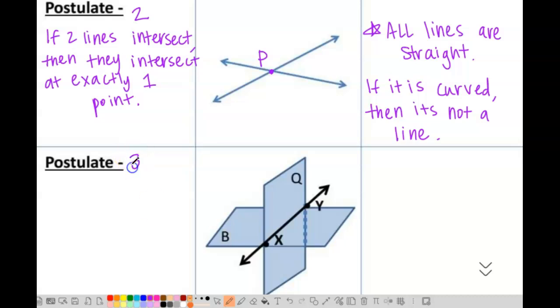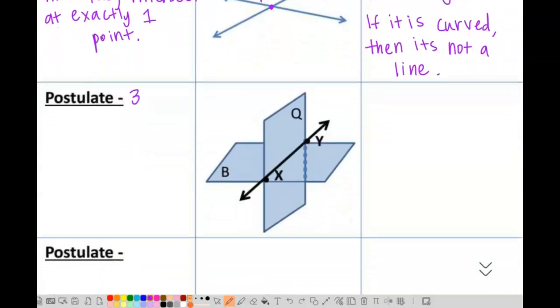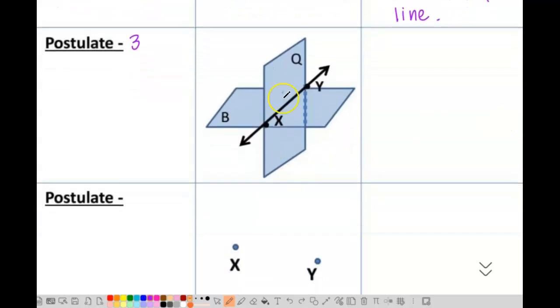Postulate number 3. What's intersecting here? What two shapes? We learned this vocab yesterday. It's a flat surface. What is that? A plane. So, when two planes intersect, where are they intersecting? A line. Good job.